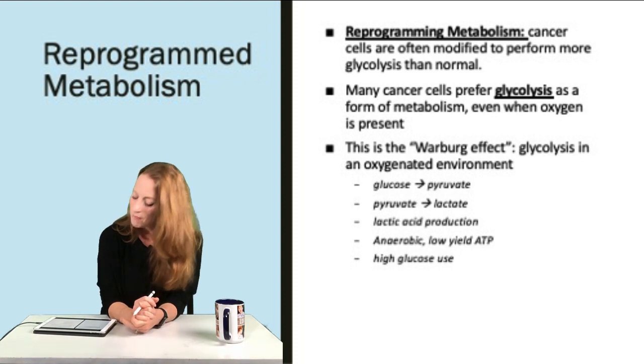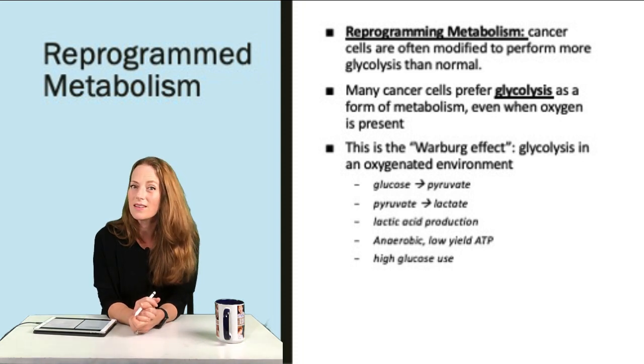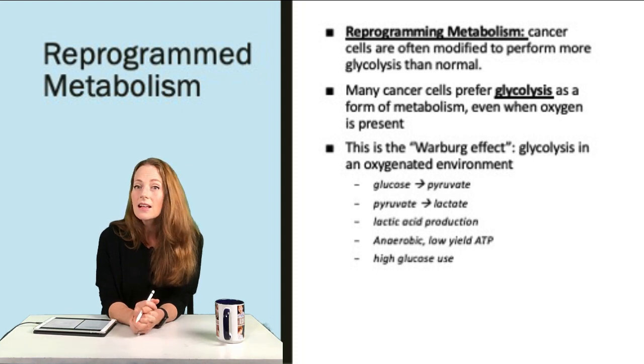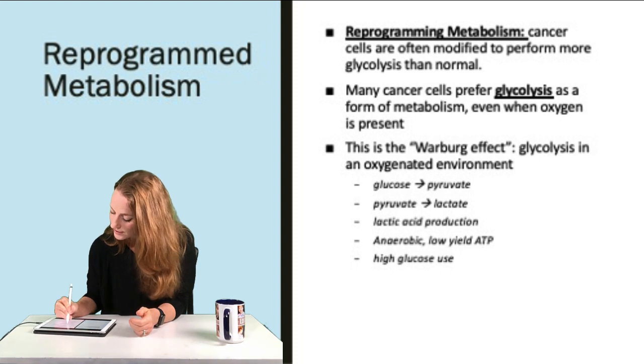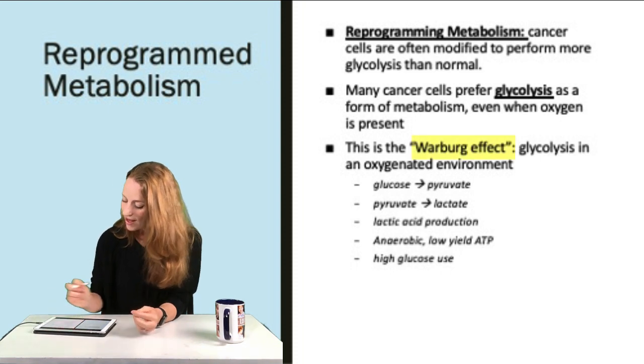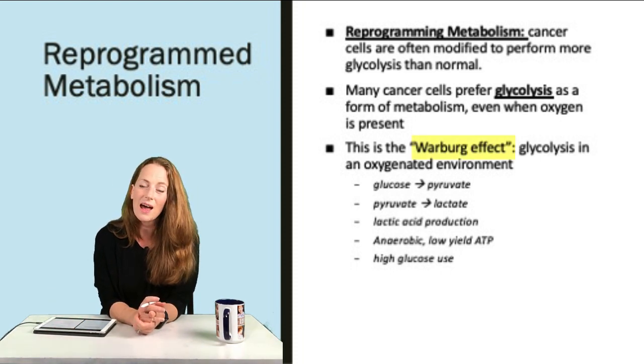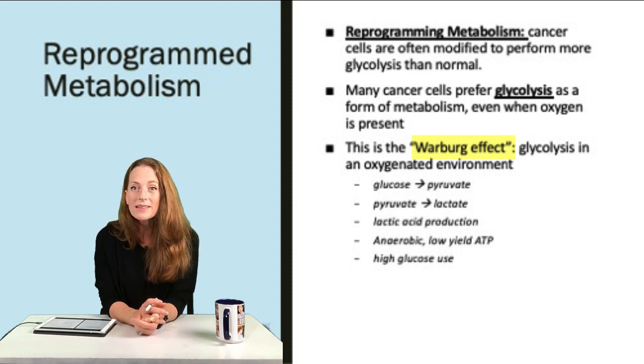It turns out that many cancer cells prefer glycolysis even when oxygen is present. This gives them the ability to create ATP no matter what environment they're in. Classically, this is called the Warburg effect, and that is glycolysis happening even in an oxygenated environment.